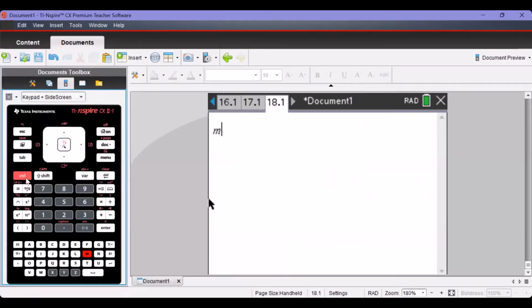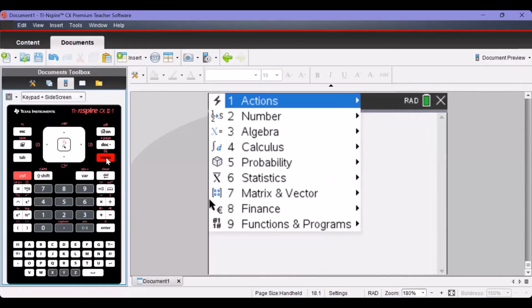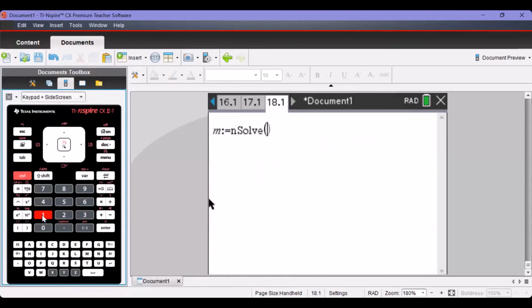So m, control symbols template, we'll assign that to be equal to menu, 3 for algebra, 1 or enter for numerical solve, then control divided by, and we'll type in here 6 minus m for the numerator, and for the denominator 4 minus m, and we'll set that equal to another fraction.